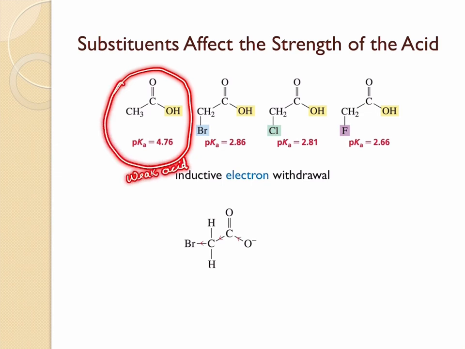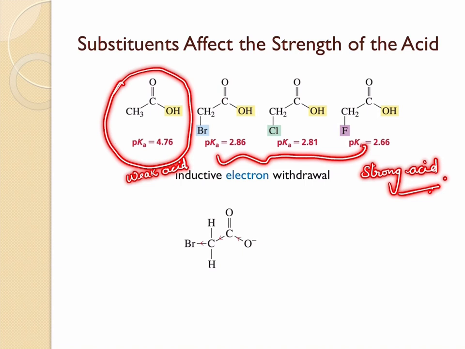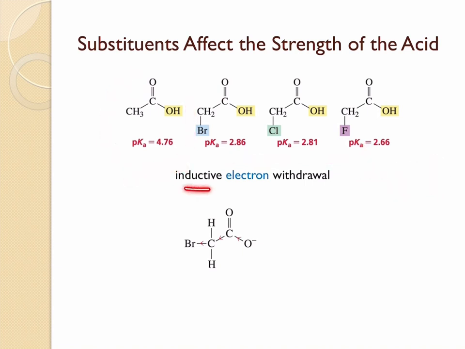Now, what is the reason why these acids should be strong? The reason here is inductive electron withdrawal, which is the pulling of electrons through the sigma bond. Let's say that we remove a hydrogen from here, and this is going to lead to this conjugate base. Remember, a strong acid always leads to a weak conjugate base.